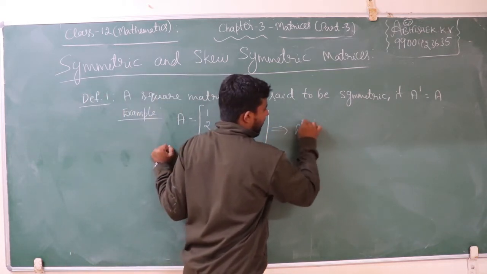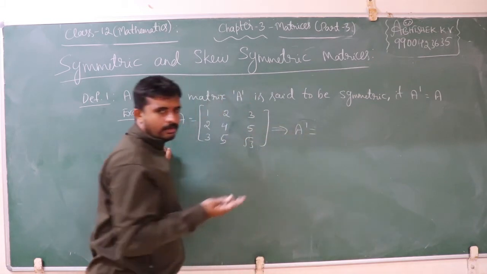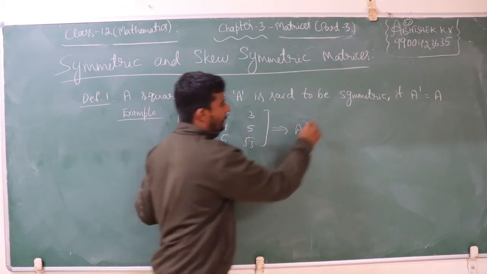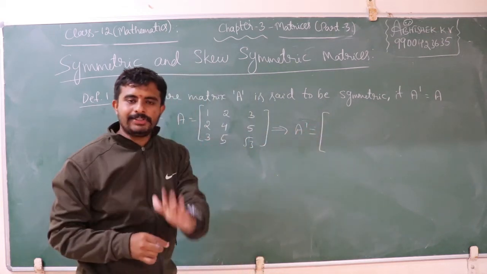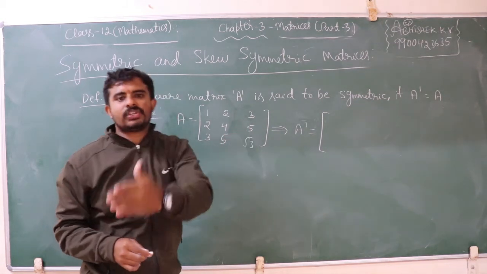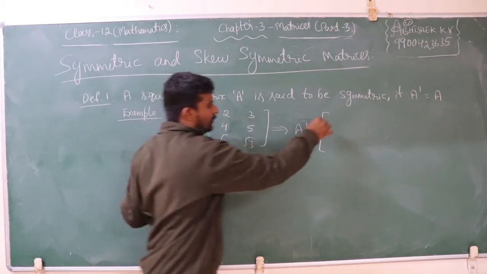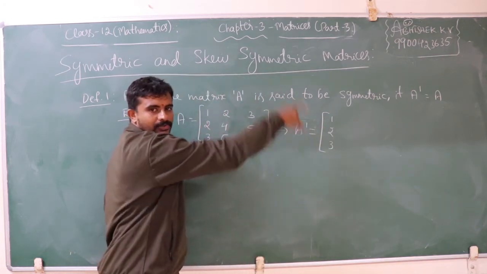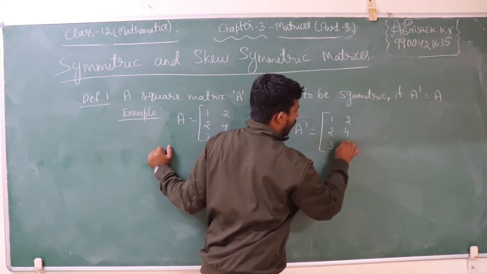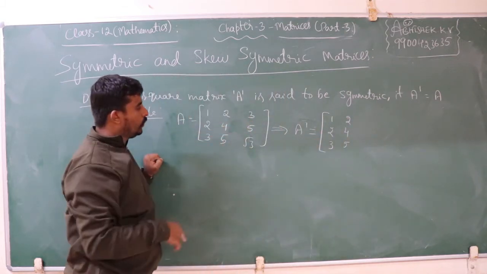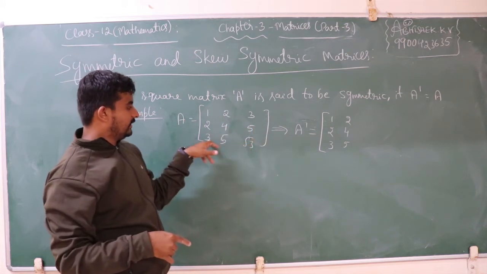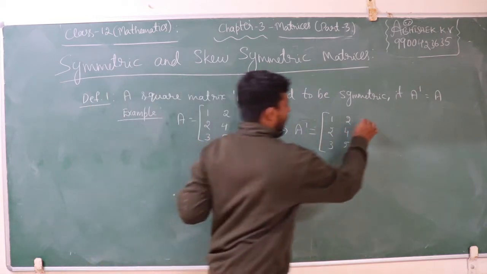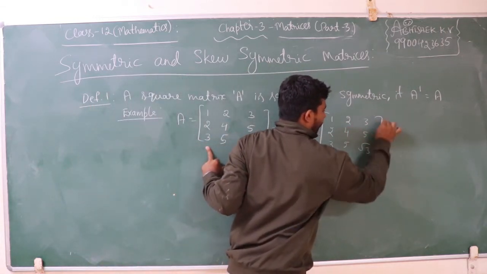A transpose is denoted by A prime or A to the power of T. This is called transpose of A. According to the definition, we change rows to columns and columns to rows. This first row 1, 2, 3 becomes the first column. Second row 2, 4, 5 becomes second column. Third row becomes third column: 3, 5, root 3.